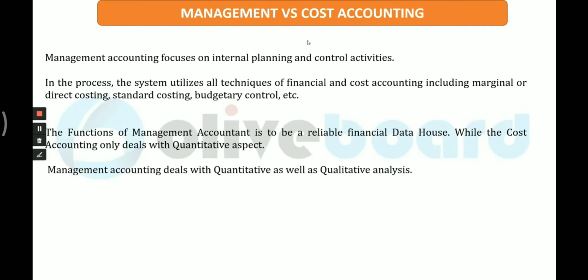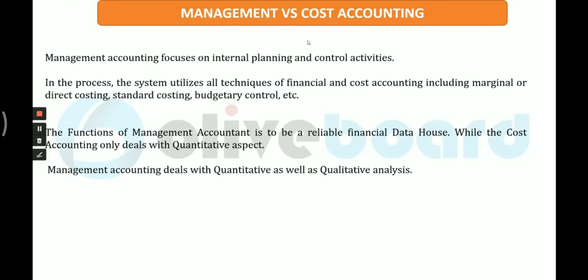Next one, if I compare management versus cost accounting, as I already told you, management accounting is for the top management people or the supervisory levels, where they plan activities and try to control things. Based on the information provided by cost accountants and the financial accountants, the management people will plan.